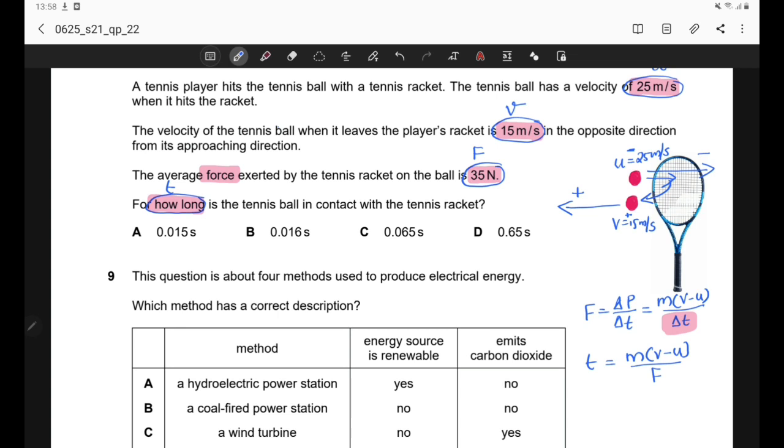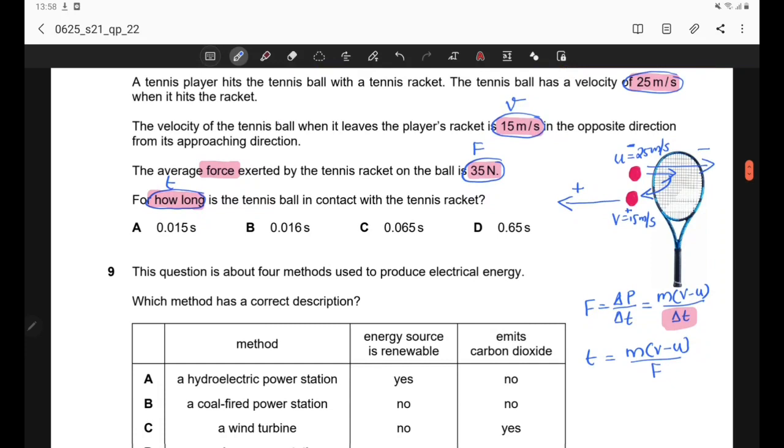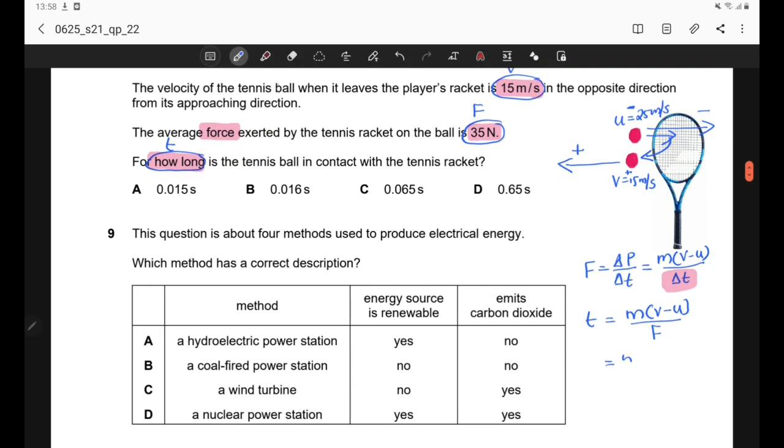We have the values, we can substitute. Mass of the ball is given, that is 57 gram. We need to convert gram into kilogram, so we should multiply with 10 to the power minus 3, times the final velocity 15 minus the initial velocity, minus 25, over force, which is 35.